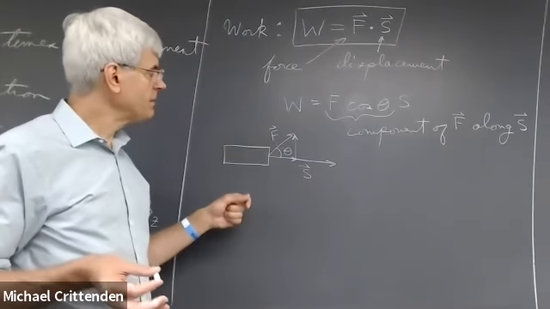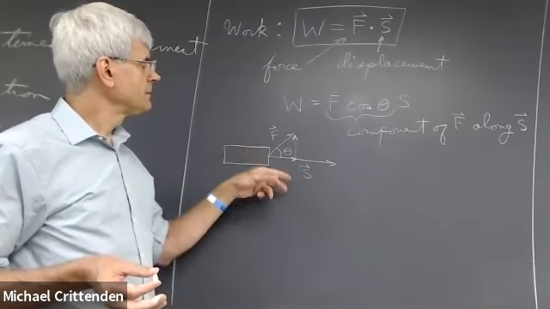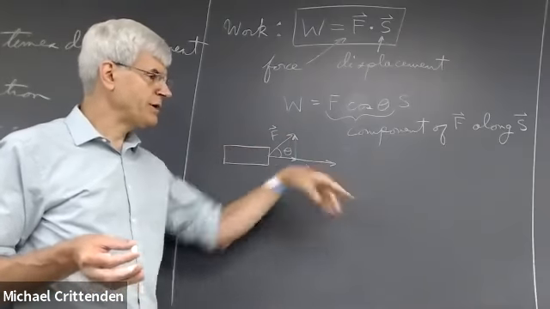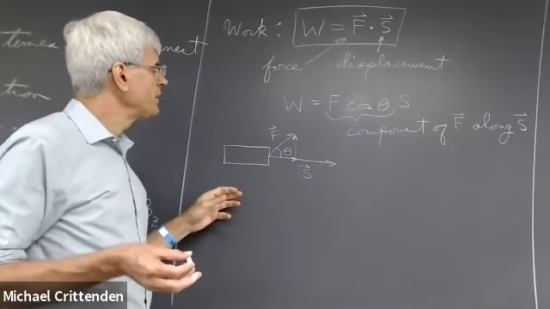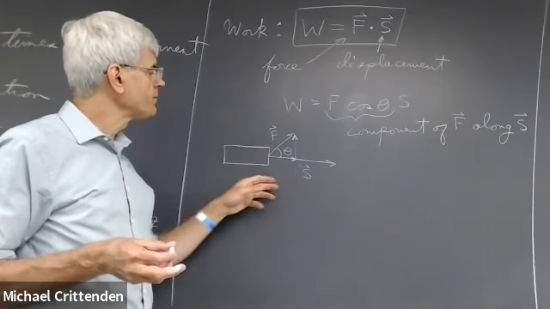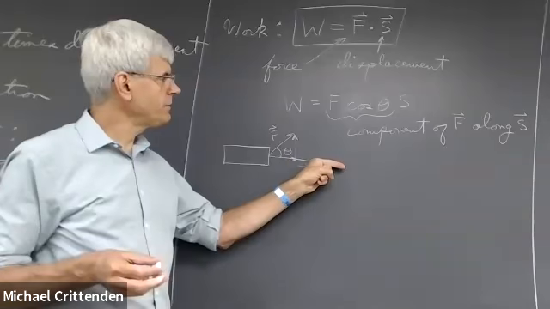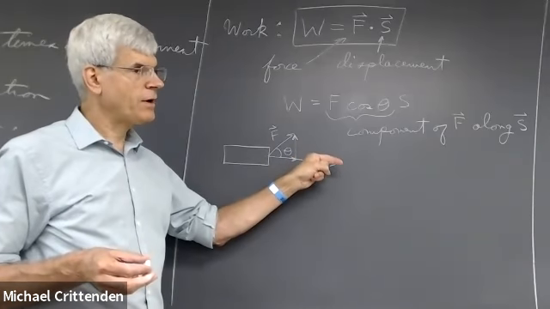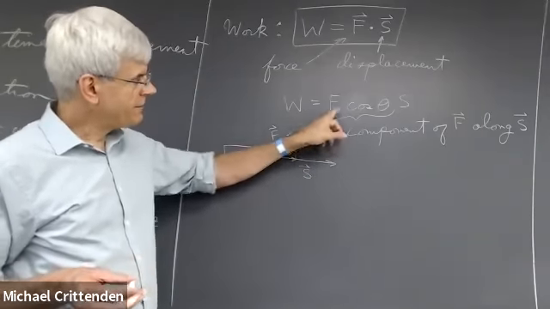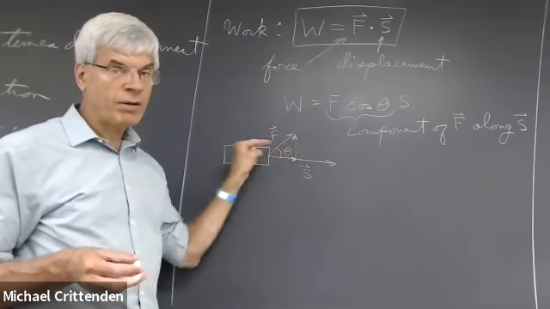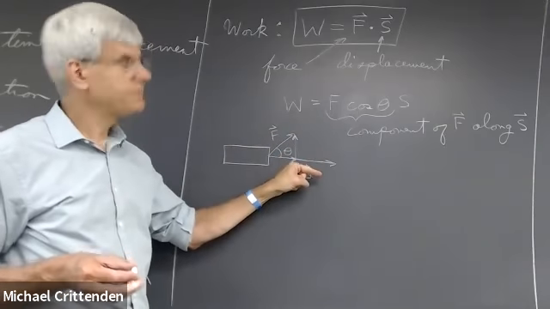It doesn't accomplish anything in terms of propelling the wagon along. So only the component of the force parallel to the displacement is thought of as doing work, and F cosine theta is that parallel component.